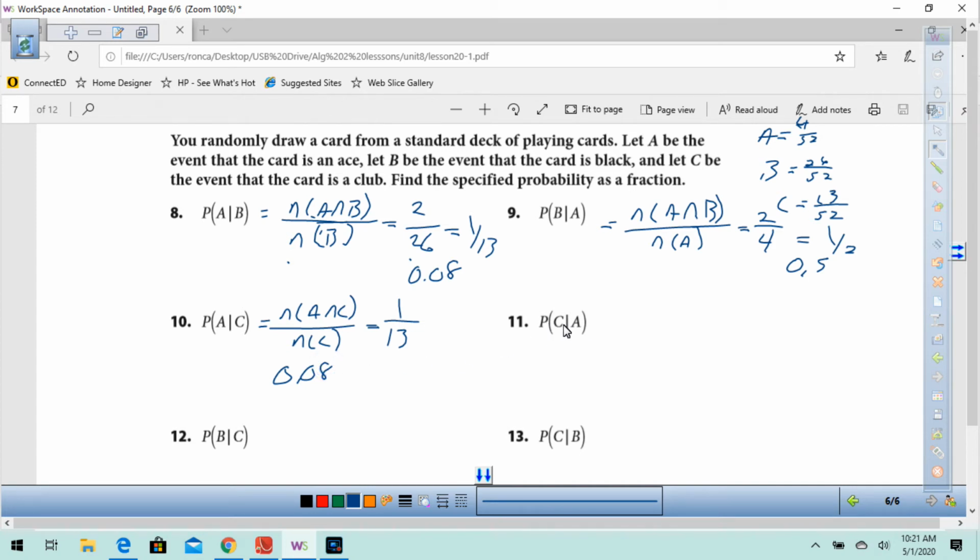The probability that it is a club, given that it is an ace, is going to be the number of aces intersection clubs divided by the number of aces. There is 1 ace of clubs, and there are 4 aces. So I'm getting 0.25.